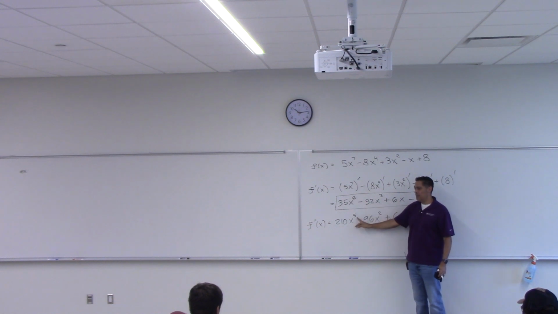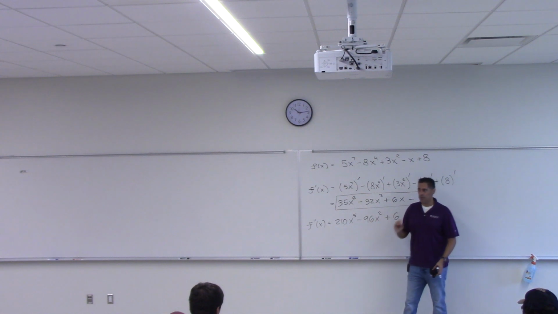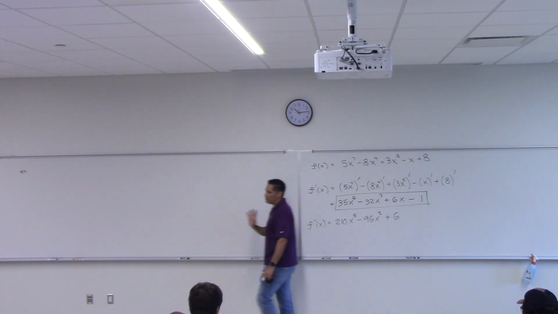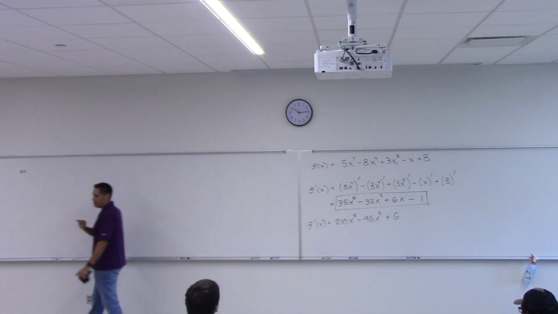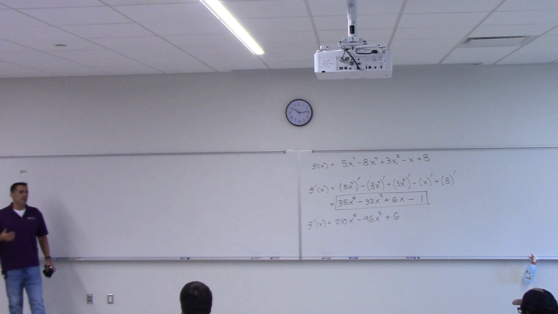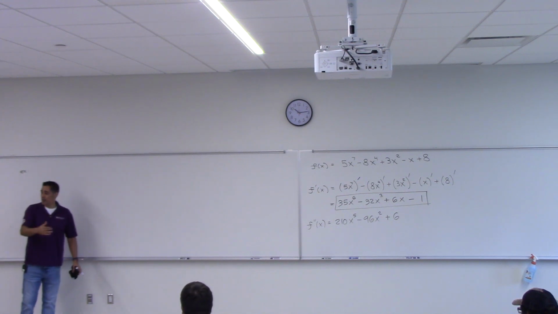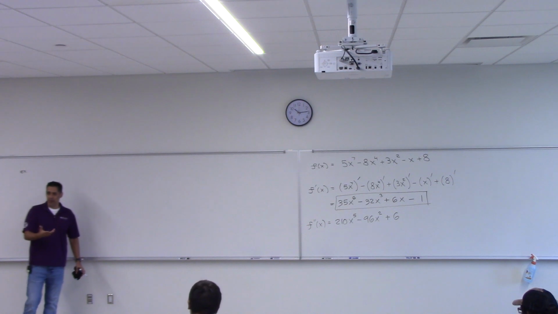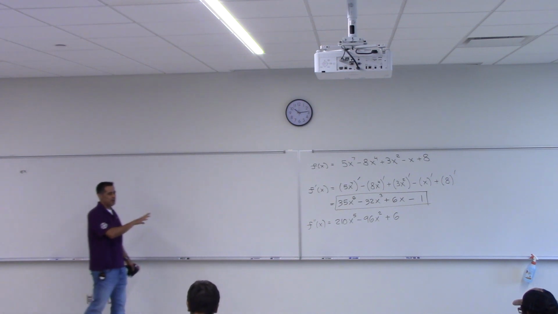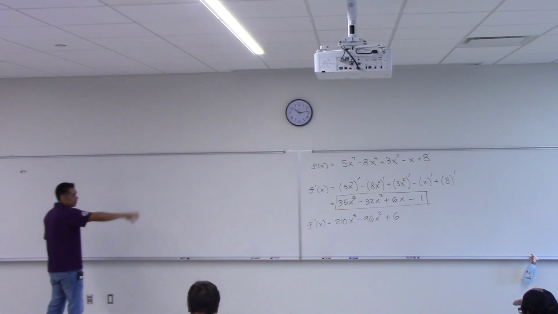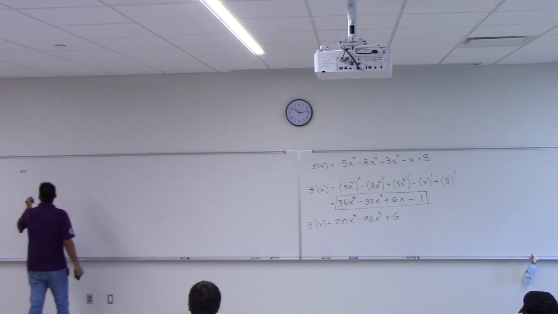Second derivative, x to the 5th. It keeps getting lower and lower, and eventually you get down to 0. That's only for polynomials, not for all functions in general. Sometimes the derivative is more complicated than the original function. Polynomials behave very nicely and vanish away eventually.